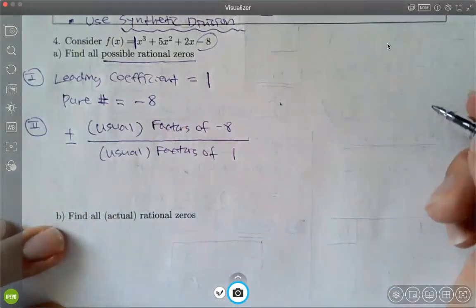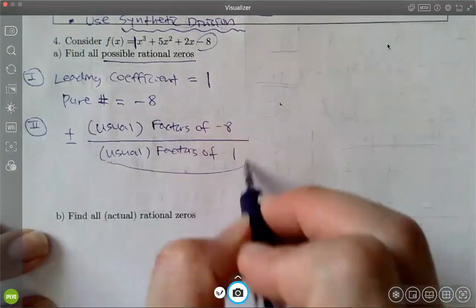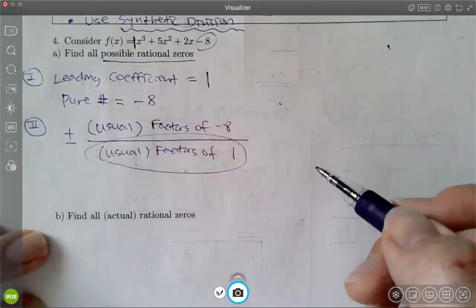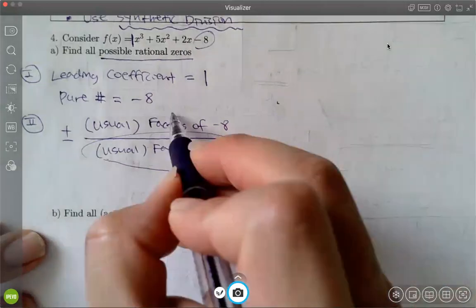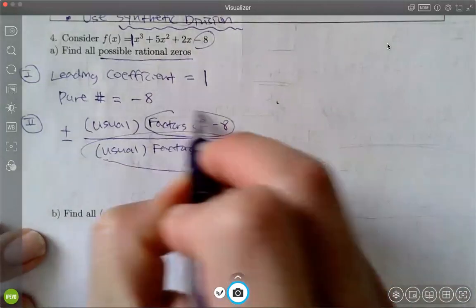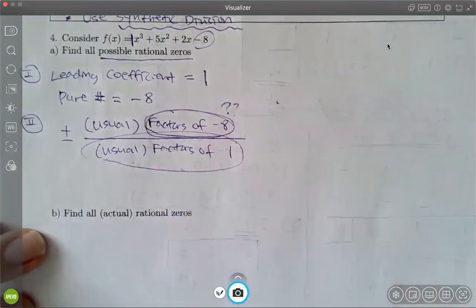Okay, so now I guess the bottom part is fairly easy because what are the factors of 1? That's just 1, right? Okay, so that's pretty easy. Now, here is kind of the weird part. Factors of -8. So what are the factors of -8? Maybe some of you might think 1, 2, 4, 8.